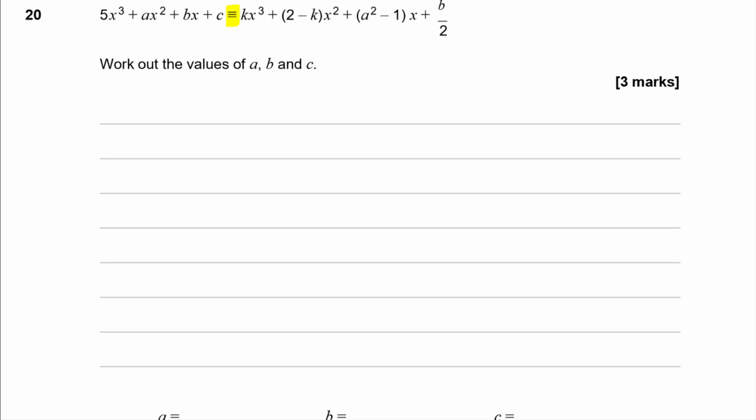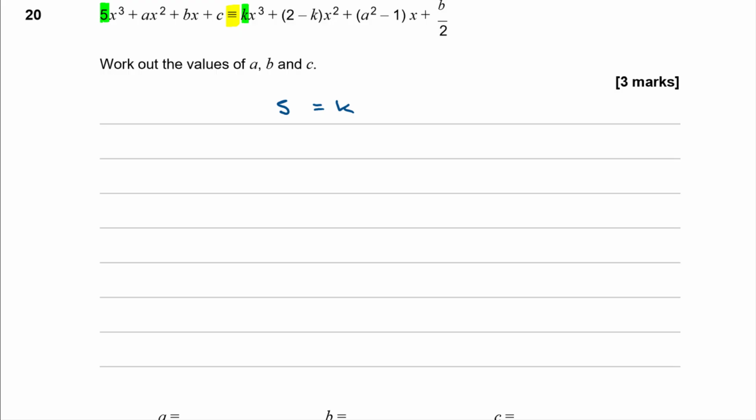So we can say that if they're identical in every way, then the term in x cubed has got a 5 in it on the left hand side. That's going to have to be identical to the term in x cubed on the right hand side. In other words, I can tell from just looking at this that 5 is equal to k.